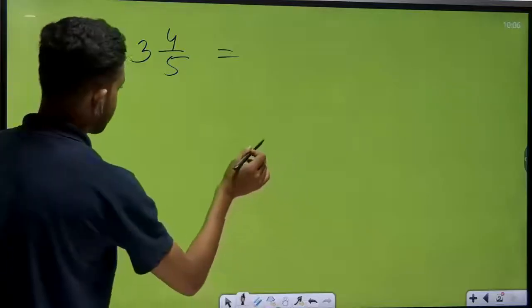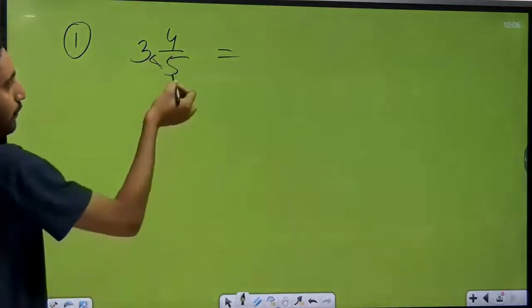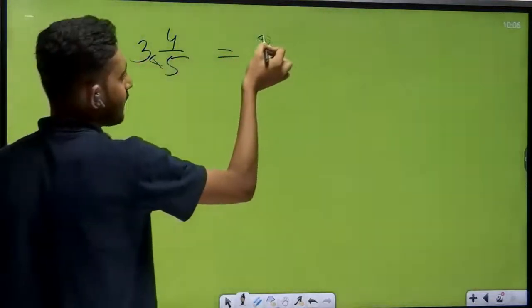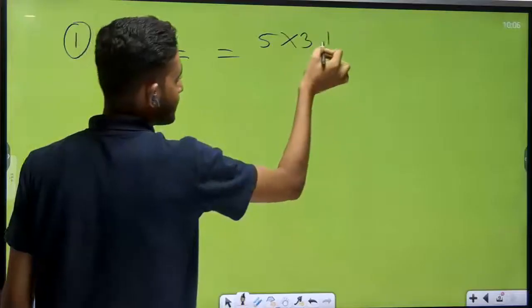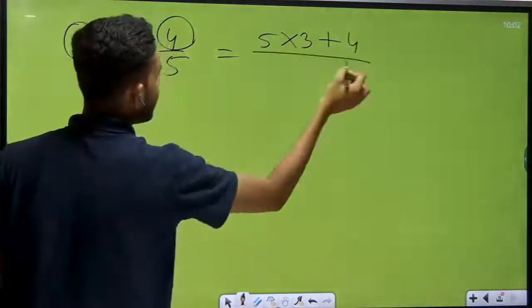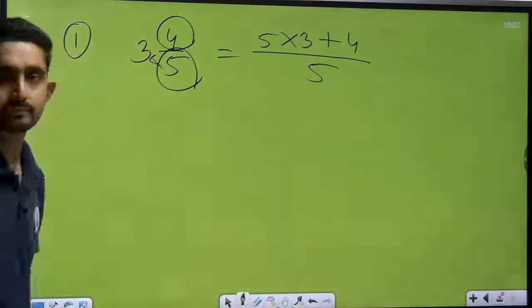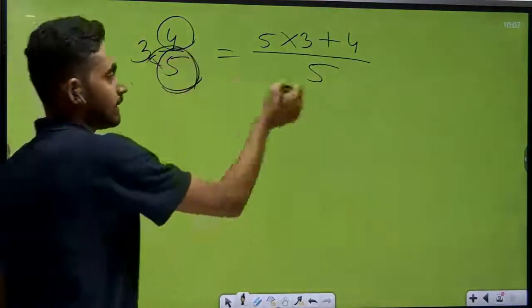See, first of all I have to multiply them. How? 5 into 3. So write down here 5 into 3 plus whatever your numerator is there, write down here. Divided by whatever your denominator is, write down in terms. That means the denominator will remain the same, 5.